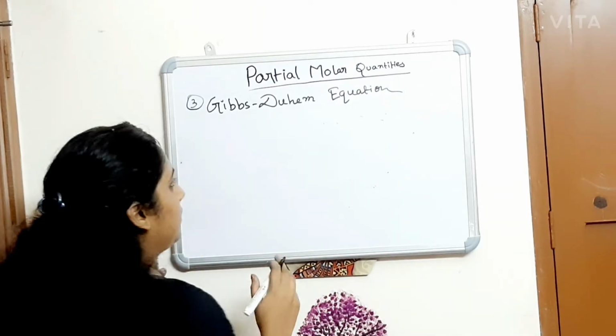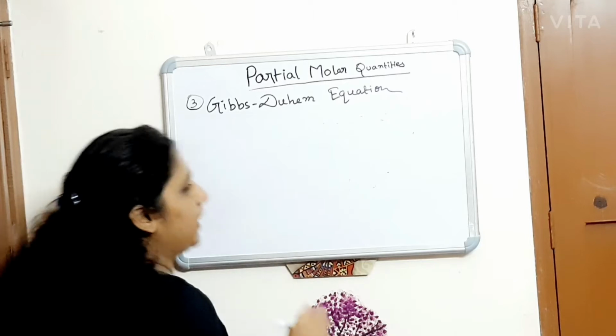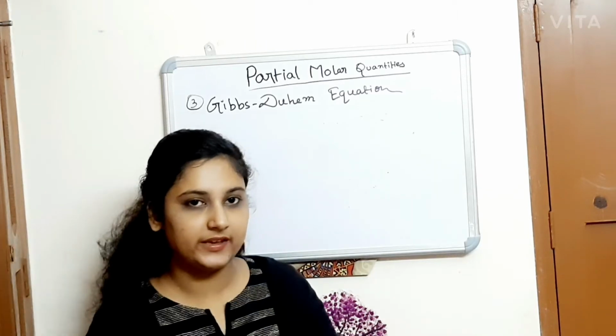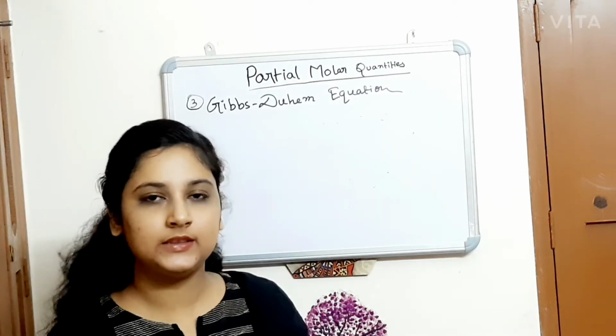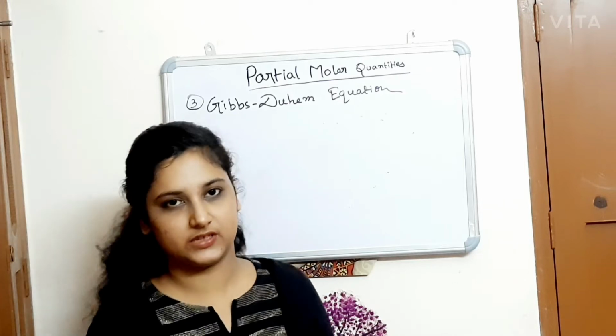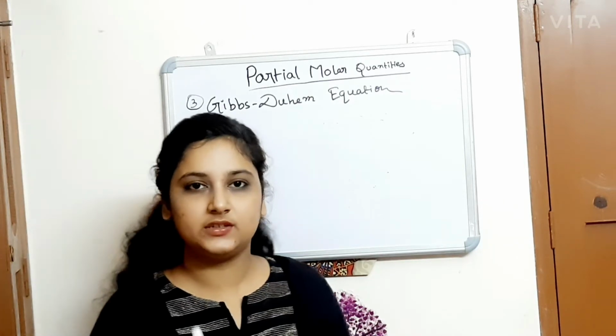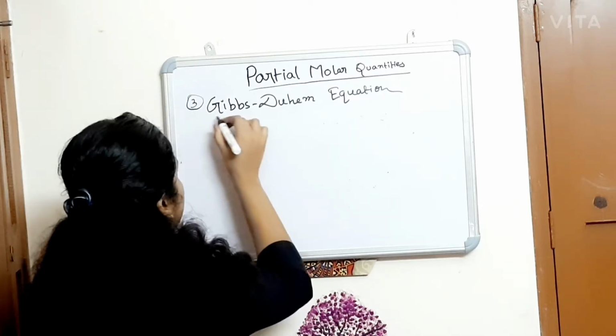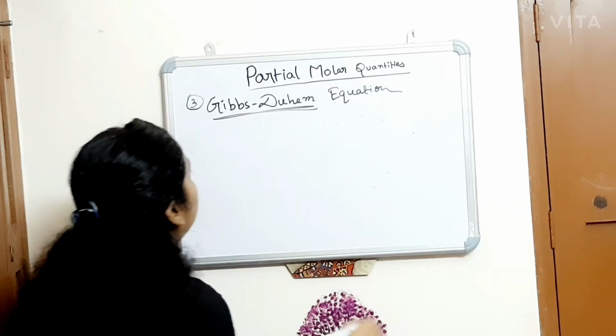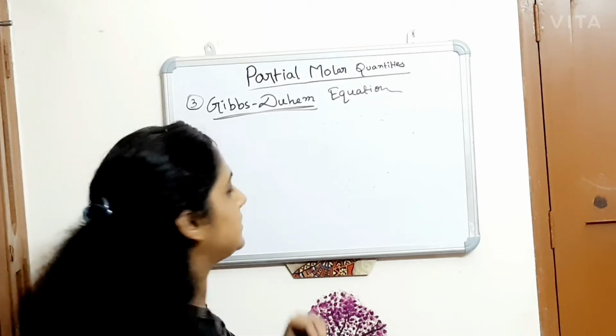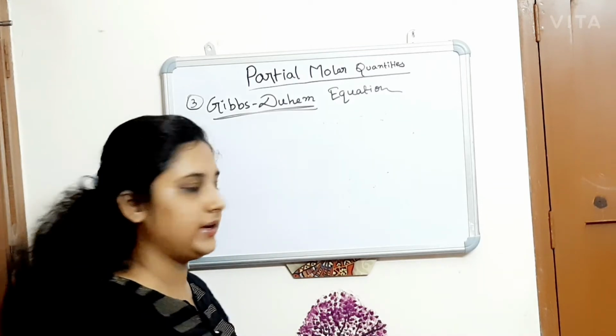We all know that an extensive thermodynamic property in the mixing state is not only a function of temperature and pressure, it is also a function of the components present in the system. So the Gibbs-Duhem equation, from the name you can identify, is an equation of the Gibbs free energy.